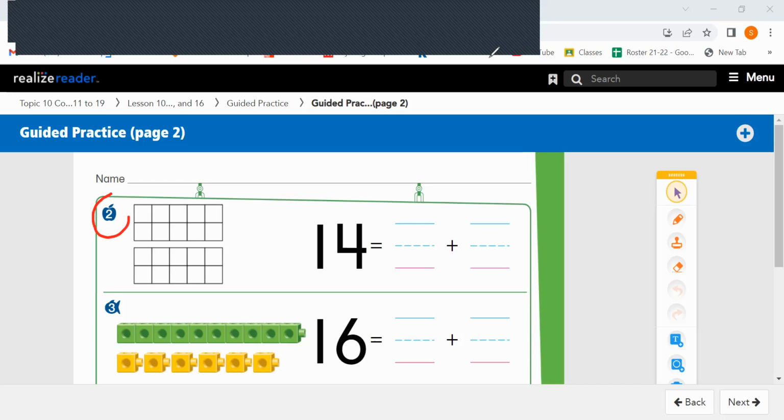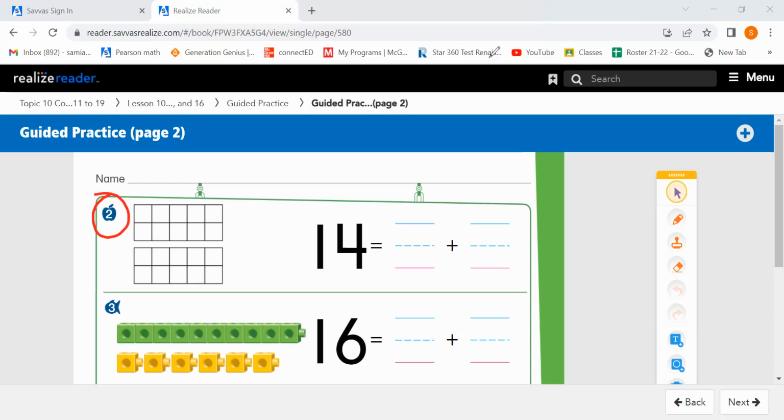All right, let's look at problem number 2. We're going to use counters to show 14. We're going to use this double 10 frame, and then we're going to complete the equation to match the picture. So let's fill in our first 10 frame. And we know that when we completely fill in each of these boxes, that makes 10.